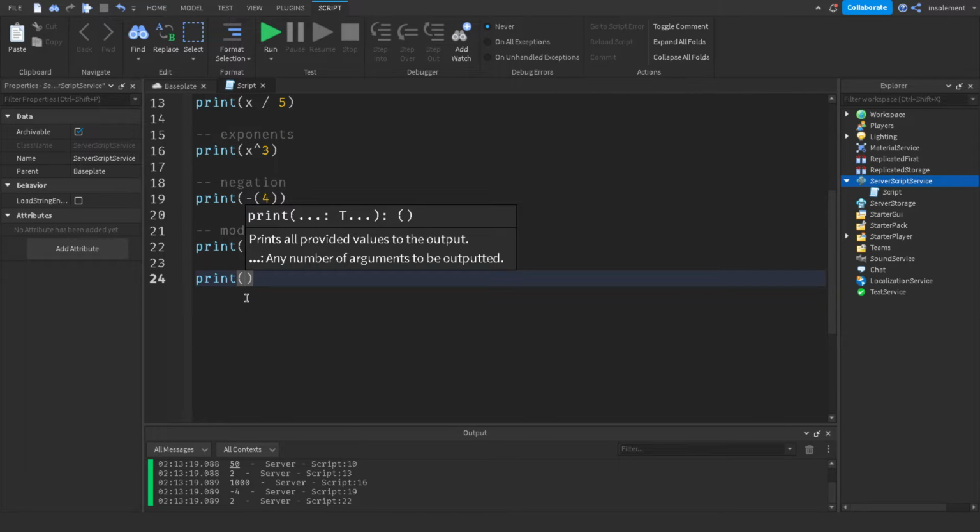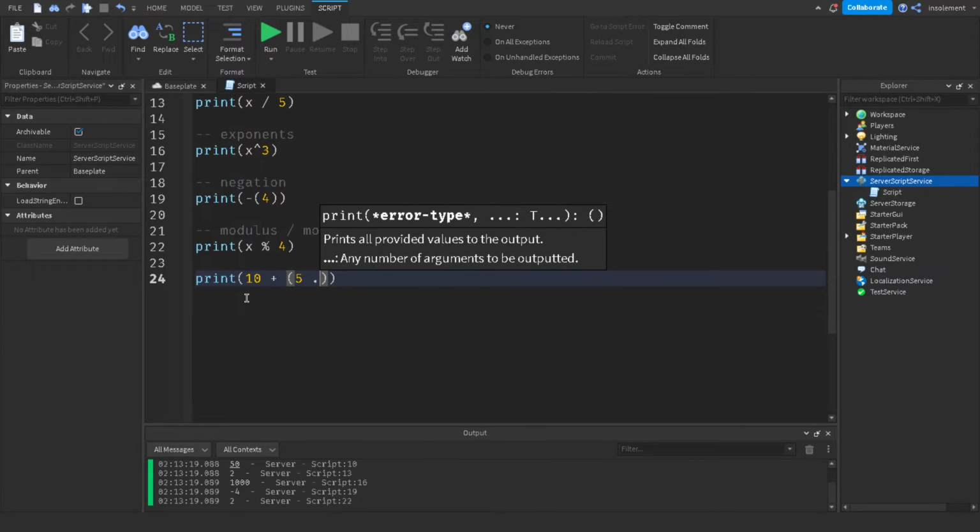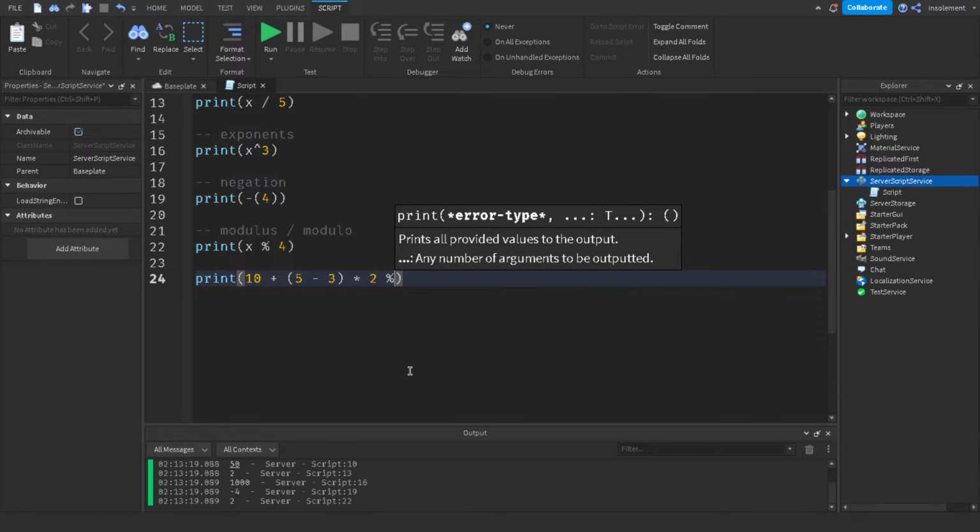So if we were to do 10 plus 5 minus 3 multiplied by 2 modulo 2.